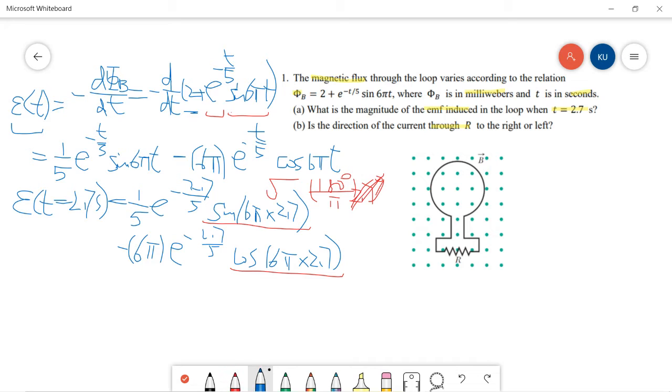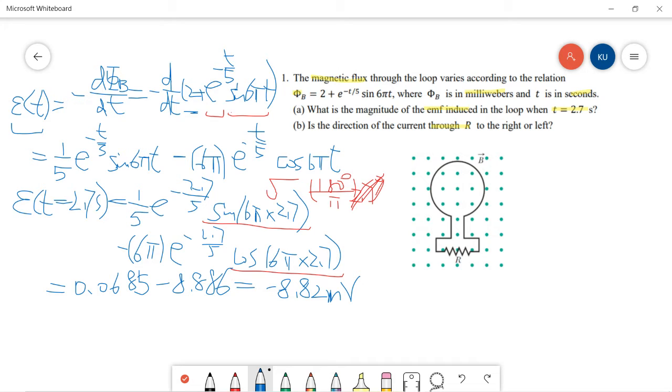So let's move on. When you press the calculator, the answer will be minus 0.0685 minus 8.886, which will be minus 8.82 millivolts.